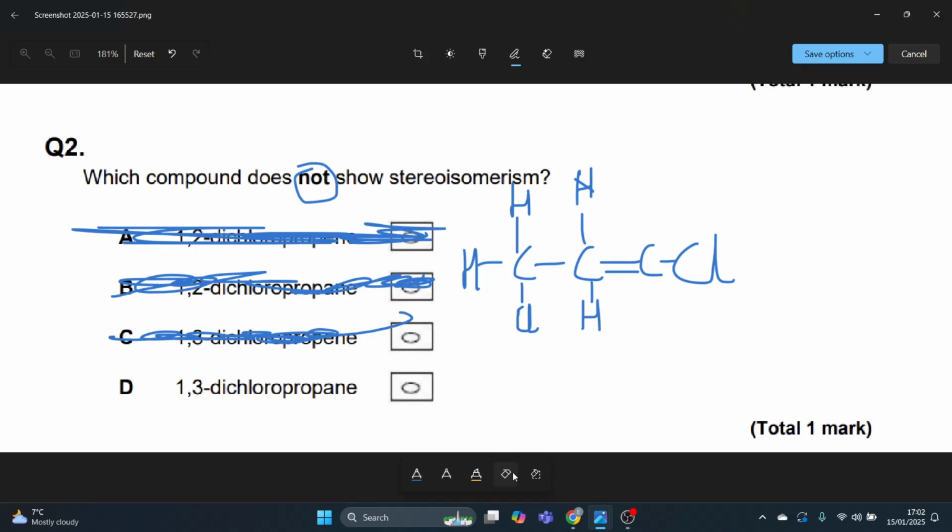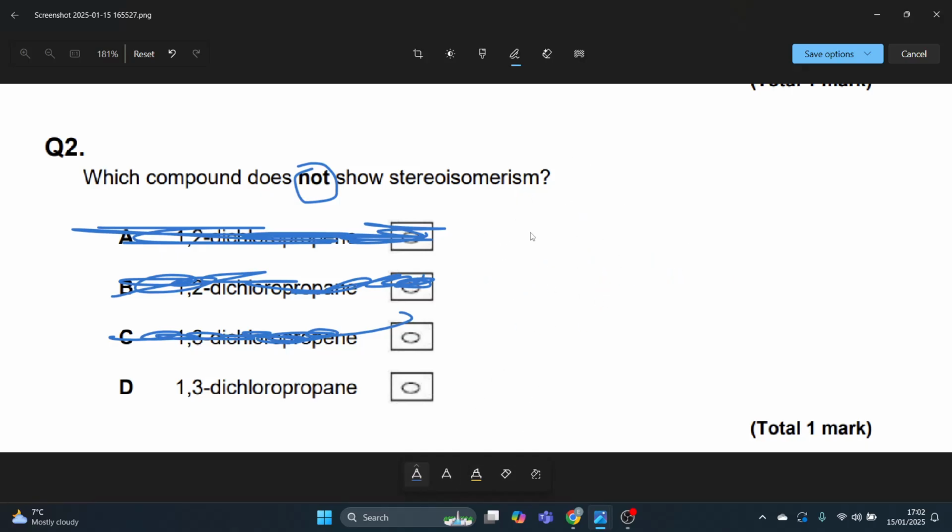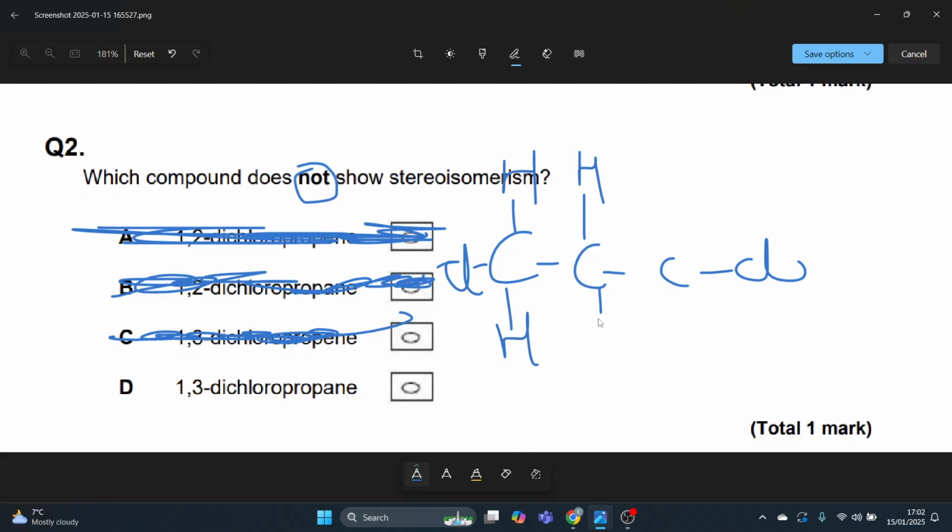However, if you look at option D: methane, ethane, propane, chloro, chloro, and hydrogens. The carbon has one, that's not different, and these two are the same.